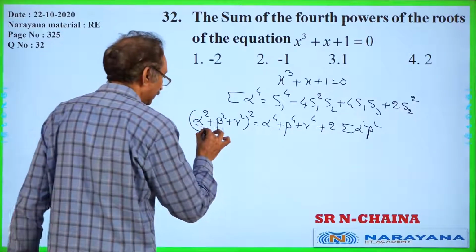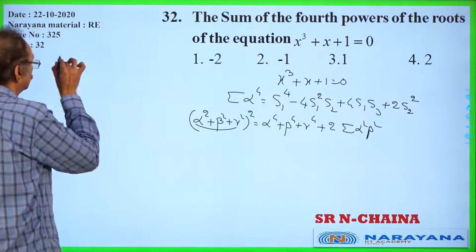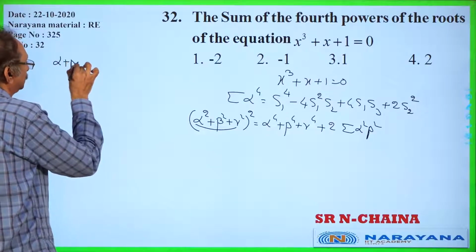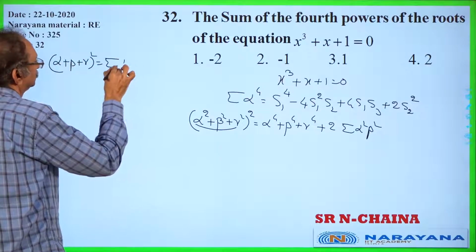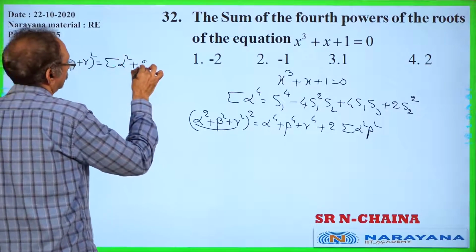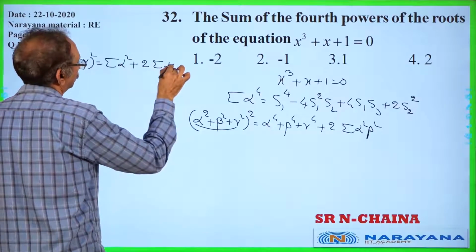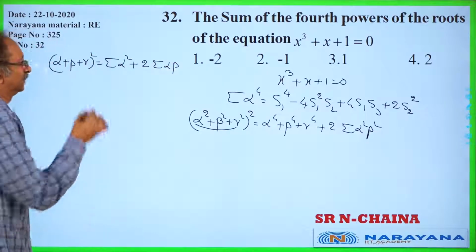And what about this? Let us see this. Alpha plus beta plus gamma whole square, that is sigma alpha square plus 2 into sigma alpha beta. This is a standard formula.